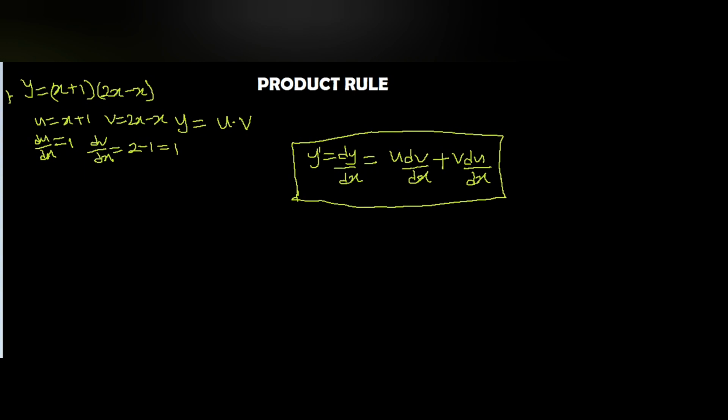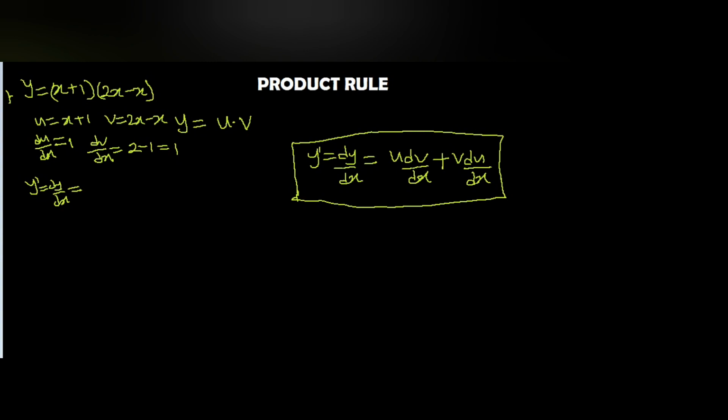Alright, so this is what we have. Now let's use this and substitute it in this formula. Now y prime, which is equal to dy/dx, is going to be equal to u multiplied by dv/dx.